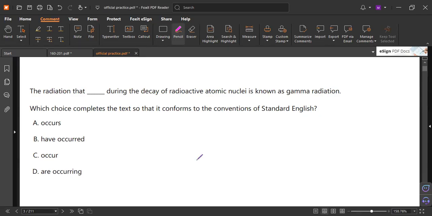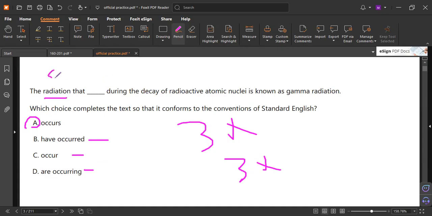This question reminds us of the common hack. Plural, plural, plural, three plural wrong, three singular wrong, letter A. Again, the subject is radiation, and radiation is singular. So only letter A is singular. So it's A, right? Yes.